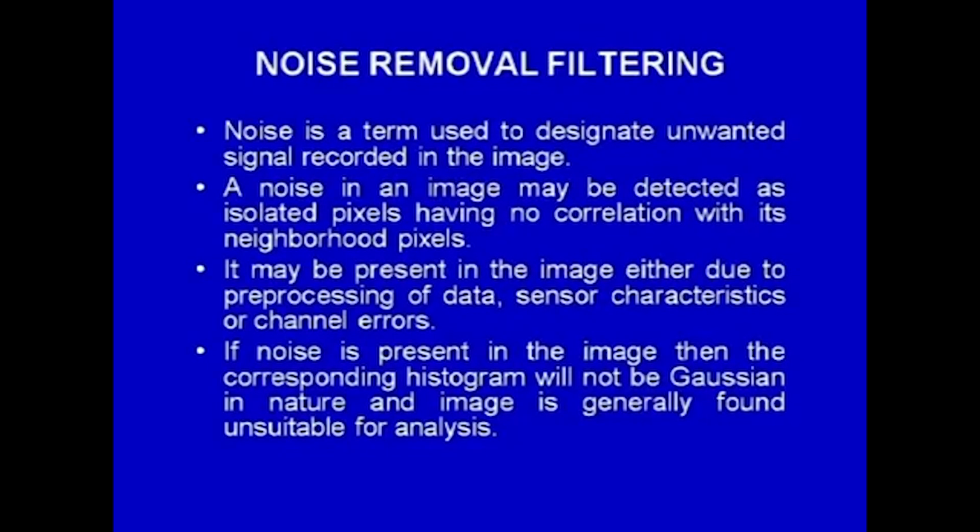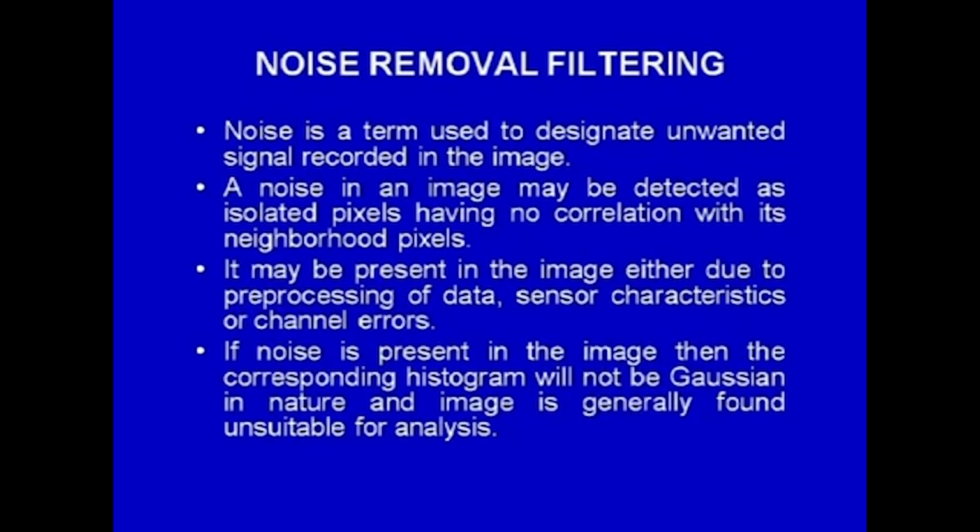Having discussed the concept of filter and convolution, now let us start with one of the major tasks, that is noise removal. Noise is a term used to designate unwanted signals recorded in the image. A noise in an image may be detected as isolated pixels having no correlation with its neighborhood pixels.